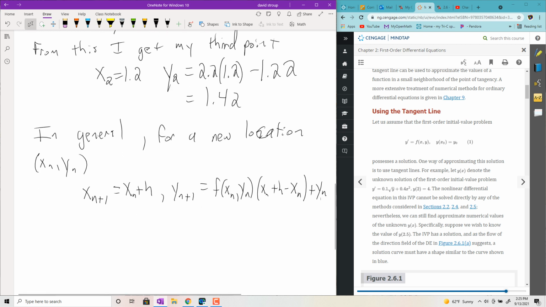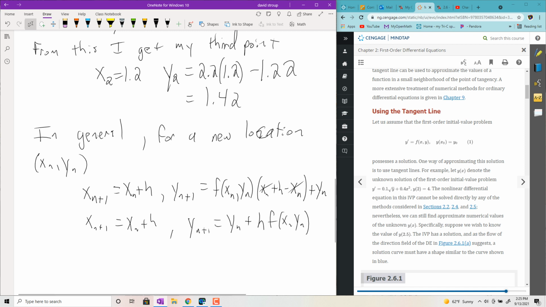And of course, in here, you're going to see some cancellation. So the formulas will be x sub n plus 1 equals x sub n plus h, and y sub n plus 1 will be y sub n plus just plain old h, because these cancel, times f of x sub n, y sub n.